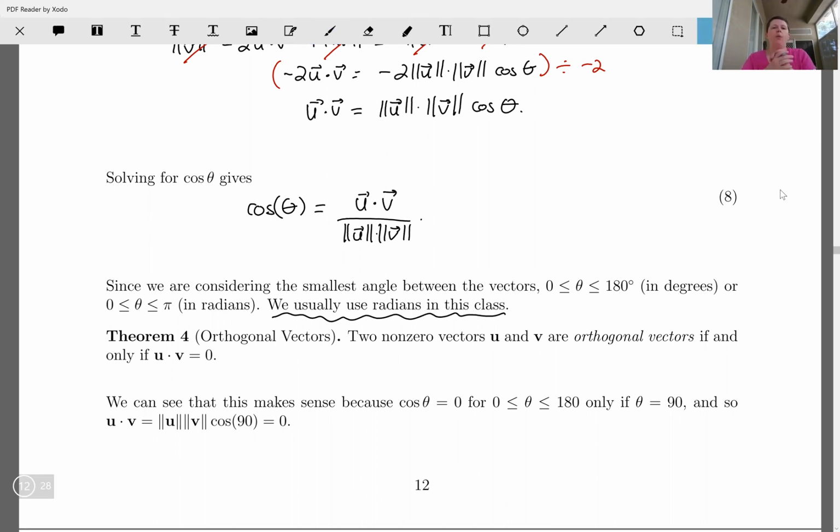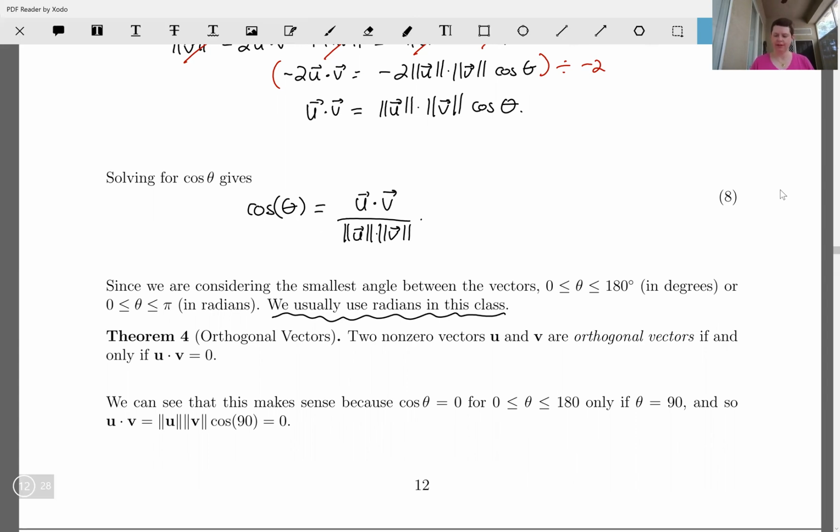So why did I say this was a big deal? Well, we could tell if two vectors are orthogonal, right? For orthogonal, think perpendicular, at a right angle. And how do we tell that? Well, if two vectors are orthogonal, what's the angle? Right, the angle has to be 90 degrees.